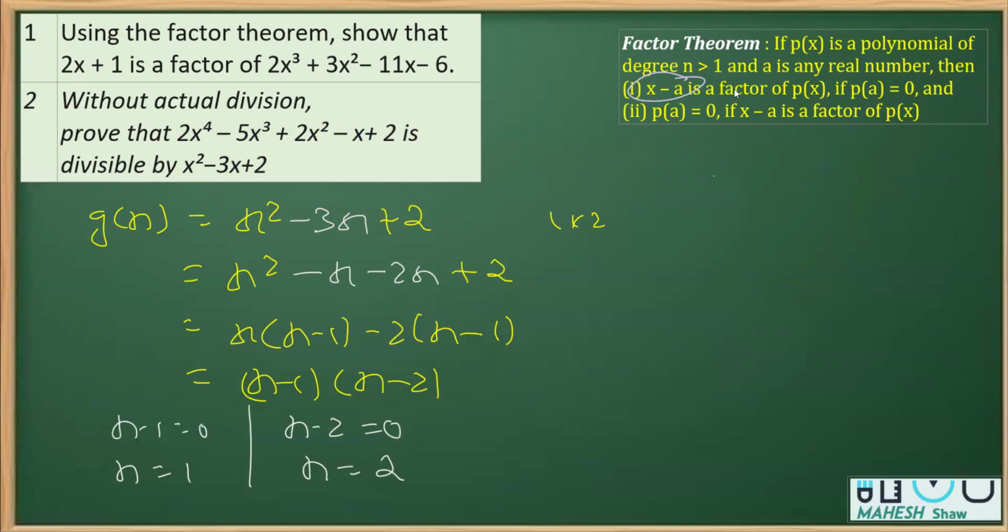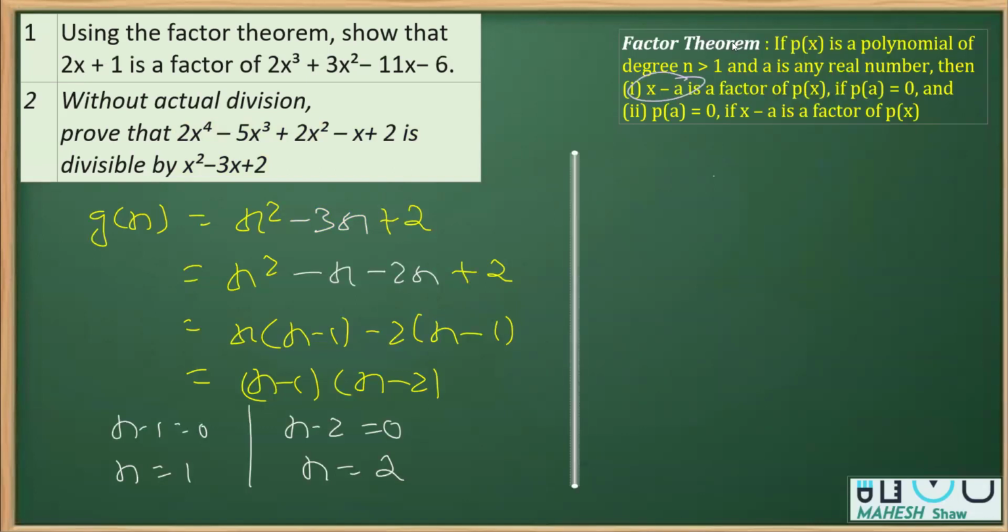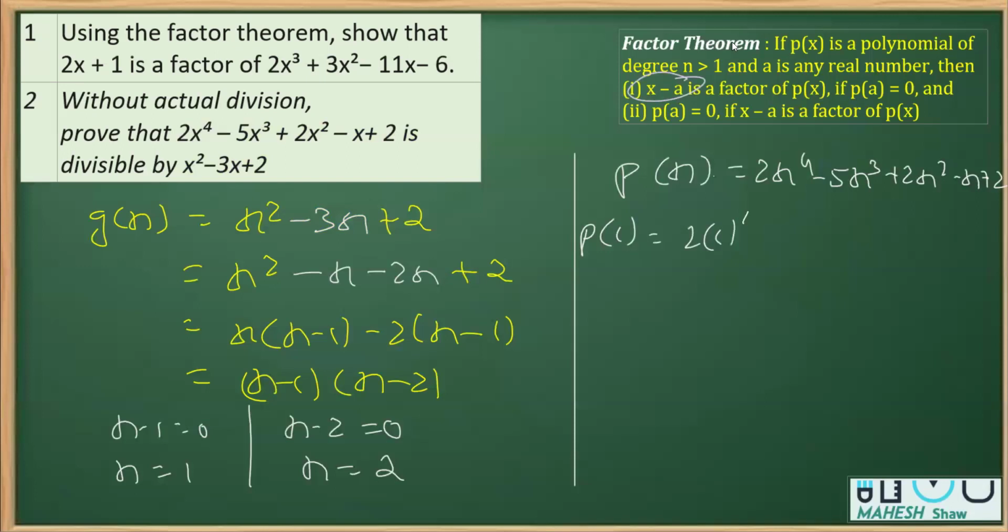Now we are going to show, one by one, that both 1 and 2 are zeros of this p(x), the polynomial 2x raised to the power 4 minus 5 times x raised to the power 3 plus 2 times x square minus x plus 2. First, if I place x as 1, I'm getting 2 times 1 raised to the power 4 minus 5 times 1 raised to the power 3 plus 2 times 1 raised to the power 2 minus 1 plus 2.